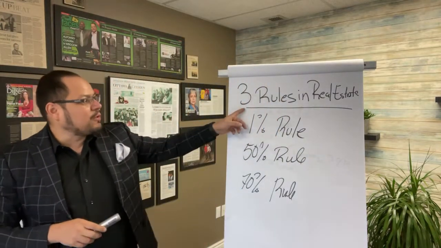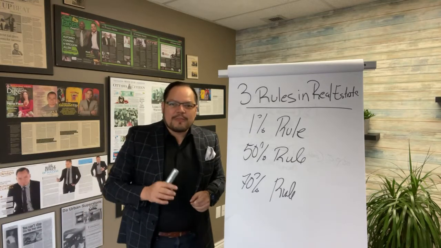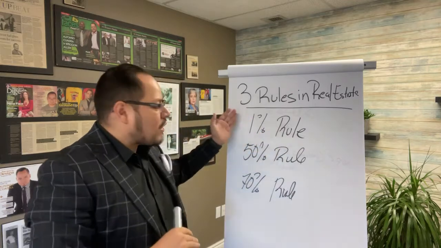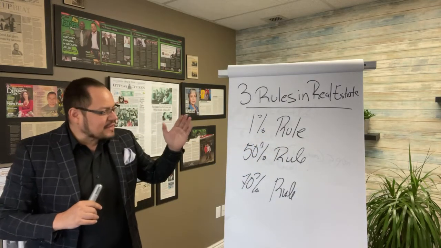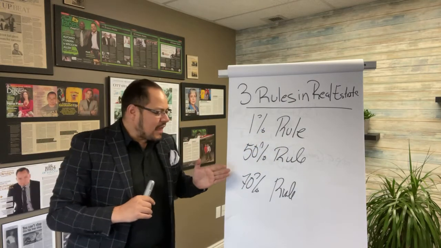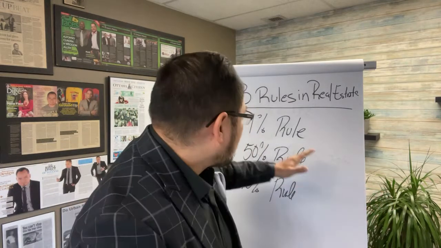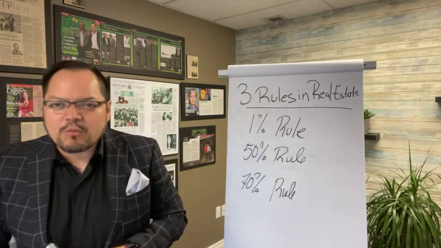We're talking about the 3 key rules in real estate. We have the 1% rule, we have the 50% rule, and we have the 70% rule. And so rule number 1 is the 1% rule.